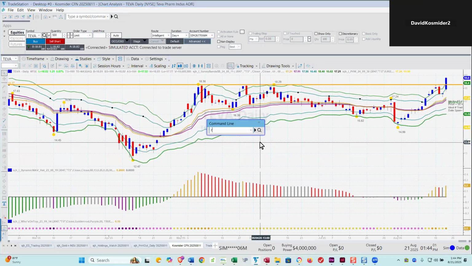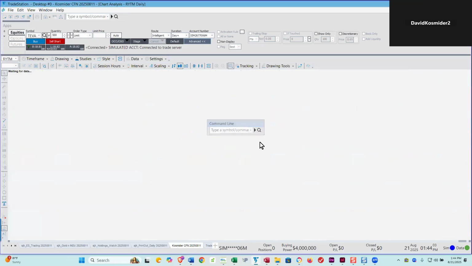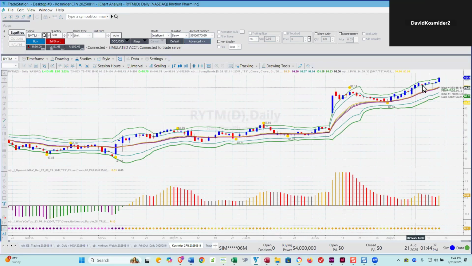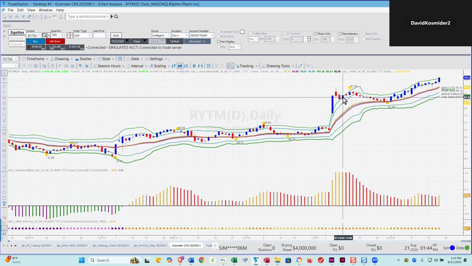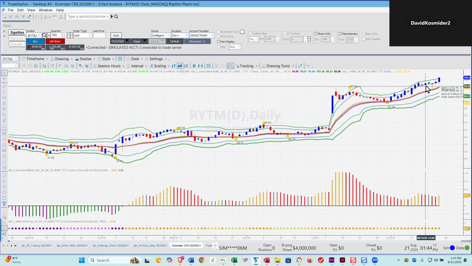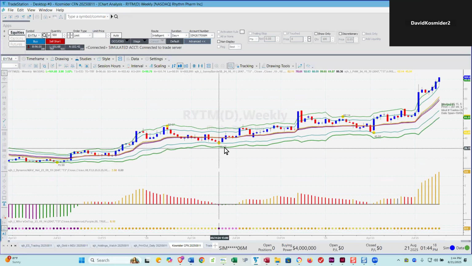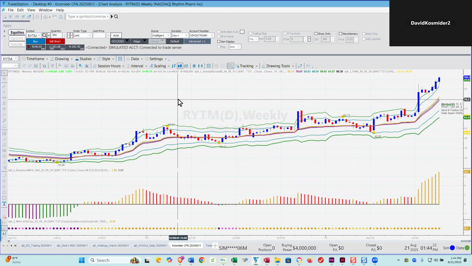RYTM. And we've got a similar setup on that. It's going up. And let's look at a weekly on that and see. Yeah, it's just going up. I don't have any recent highs that I can point to. It's just going up.